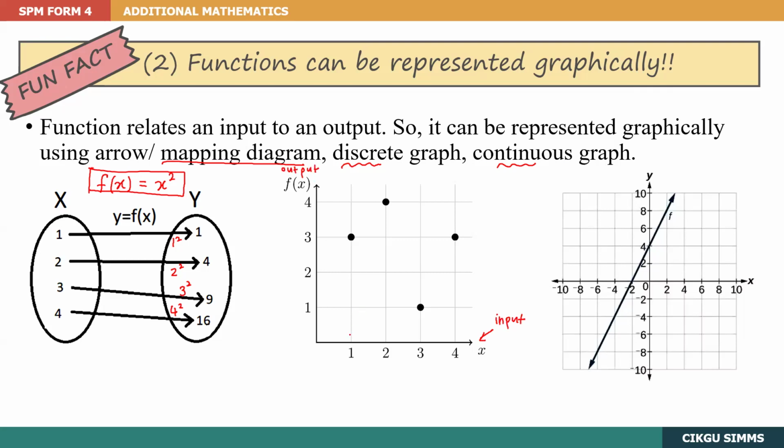For example, for the first dot here, if you input number 1, the output is actually 3. Similarly for the continuous graph, the x-axis is the input and the y-axis is the output.